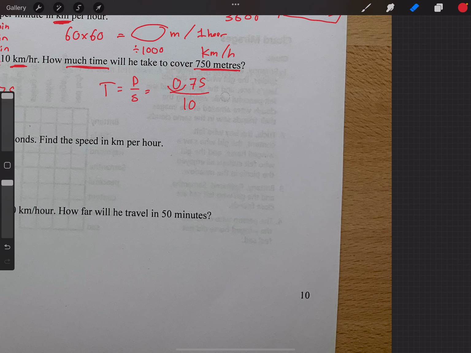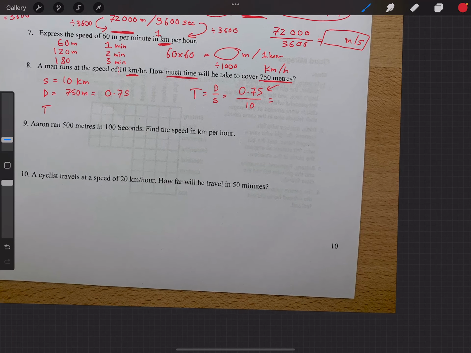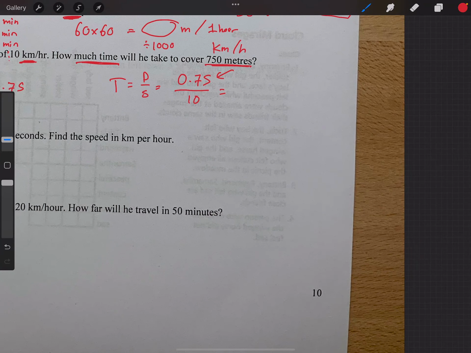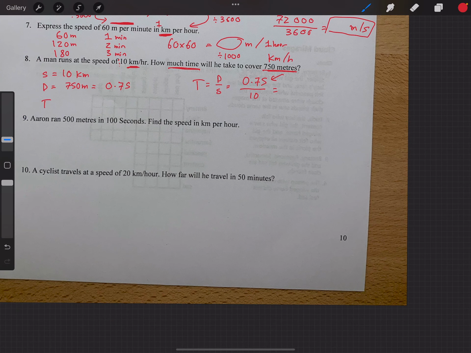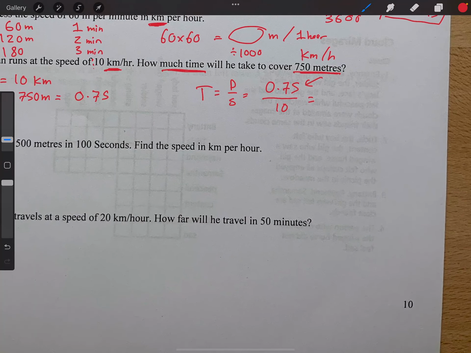Instead of doing this, 0.75 divided by 10. Now this is 0.75, what is this? This can be written as 3/4. Hold on. Okay, let's change.